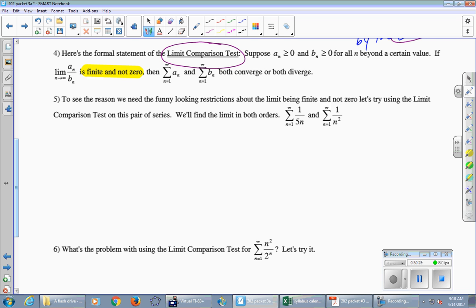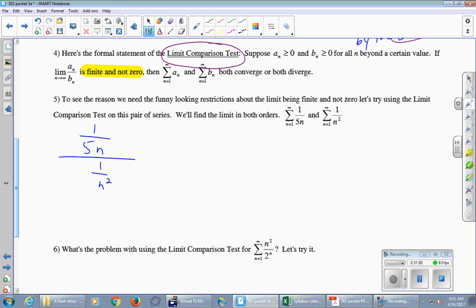So these two behave differently, right? And if you didn't know anything about 1 over n squared, and you said, hey, I'm just going to compare 1 over n squared to 1 over 5n because I know 1 over 5n diverges, you are wasting your time, right? This is a bad choice to compare 1 over n squared to. And the other way is a bad choice as well. But let's suppose that we just made that bad choice. So check this out. If I do 1 over 5n divided by 1 over n squared, go ahead and write that, where we divide the two terms and we're hoping for something finite and not zero.